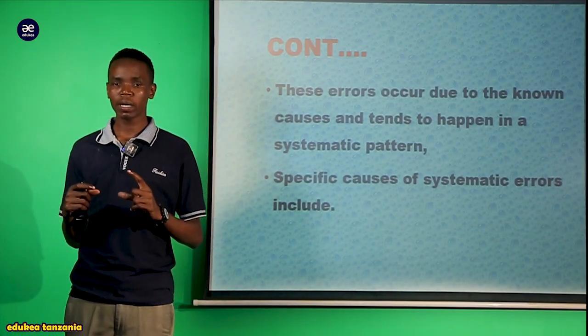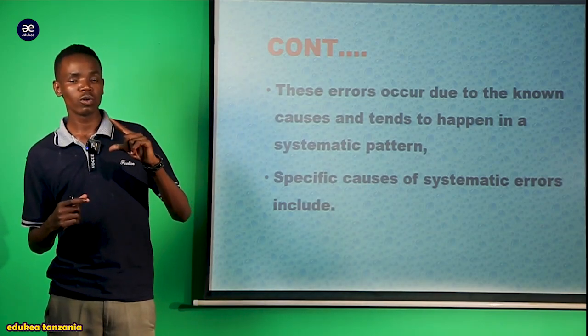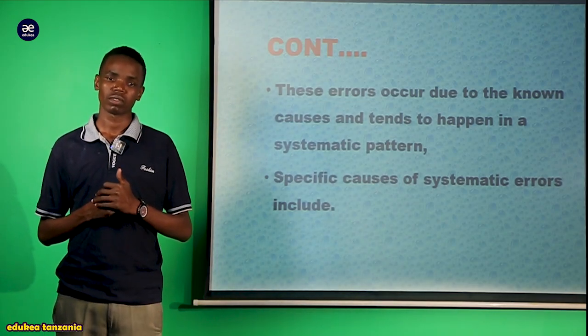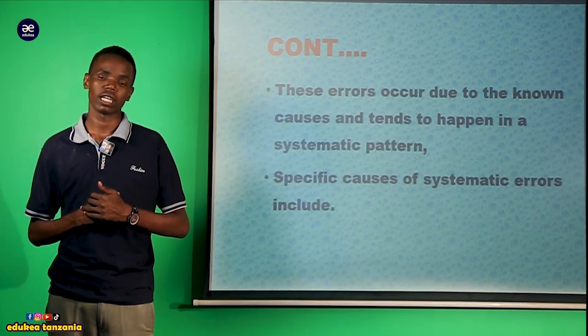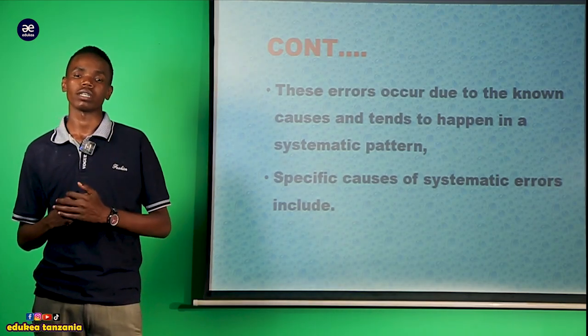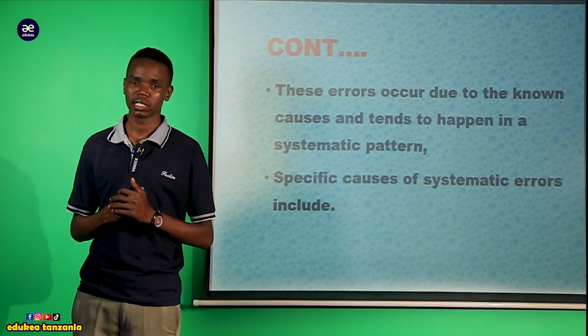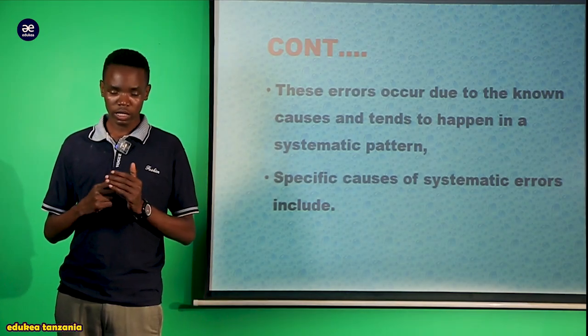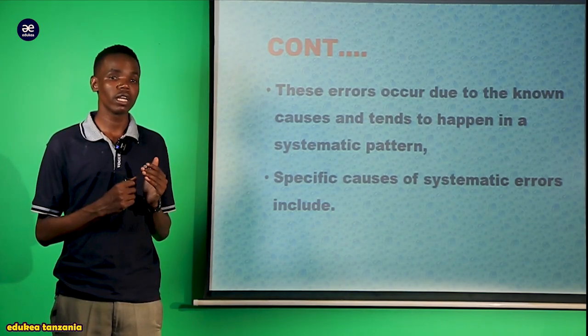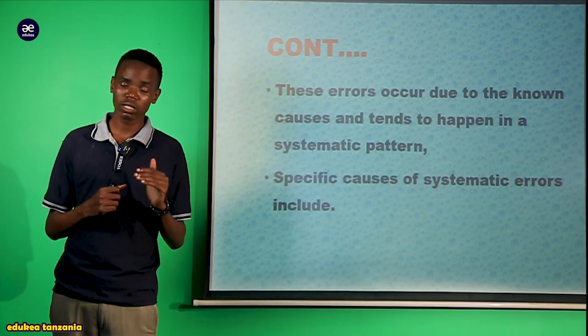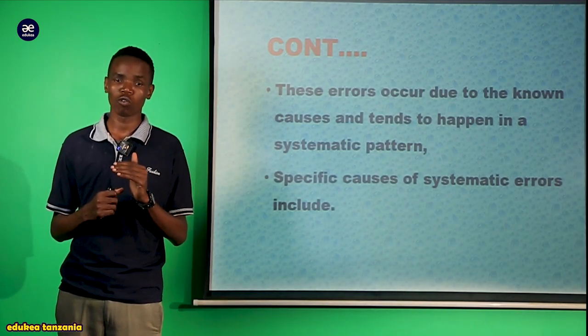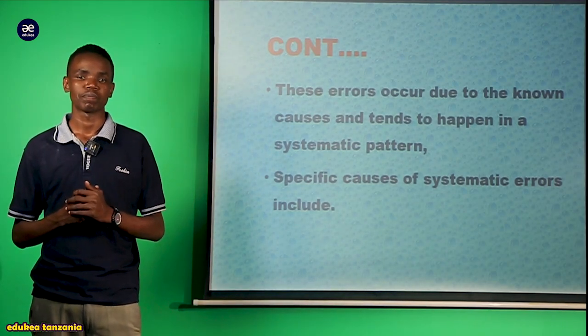For instance, we have seen examples of systematic errors, such as rulers and the beam balance. Those are some of the known causes that can cause systematic errors.